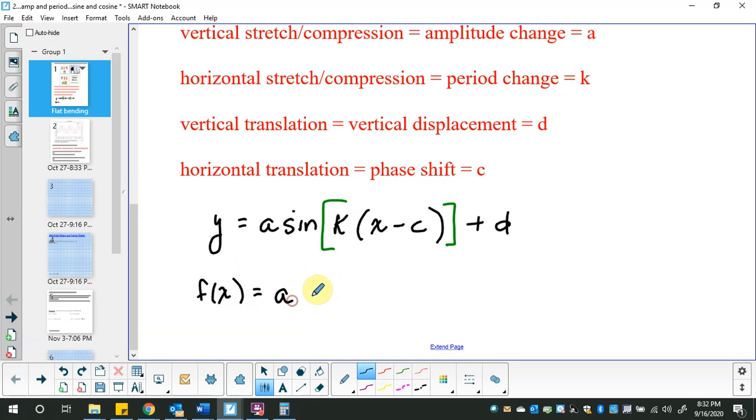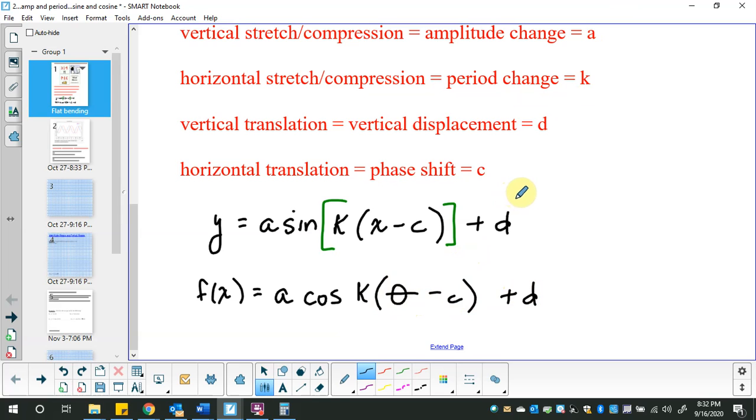Your amplitude would come, then I would tell you that you're drawing a cosine curve. Again, you could have square brackets and round brackets. I'm not going to put the square brackets in this time. Instead of an x, you could have a theta axis, and I'll show you in a minute what difference that makes. You would still possibly have a phase shift, and you would still possibly have a vertical displacement.